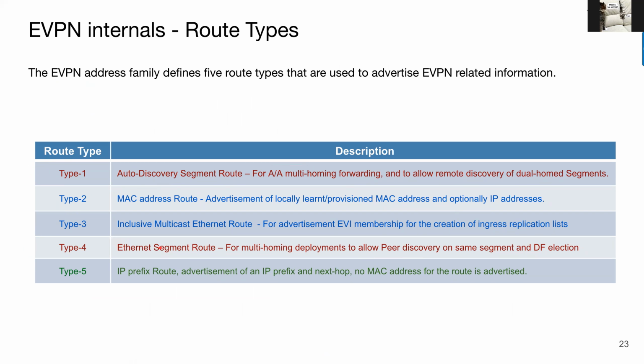Type 4 routes are going to be sent out to discover who else is on your ESI. In MLAG, it's really easy because we're connected to each other. In multi-homing, we're not connected to each other. We're connected through layer 3 connectivity through a provider edge device. So we'll send out these type 4 routes to find each other.